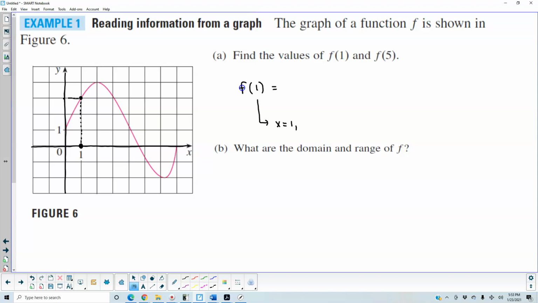The output is this value on the y-axis. Since this is 1, and this is 2, and then this is 3, the answer is going to be 3. So x equals 1 when f of x is equal to 3. Or we can write this as the ordered pair (1, 3).